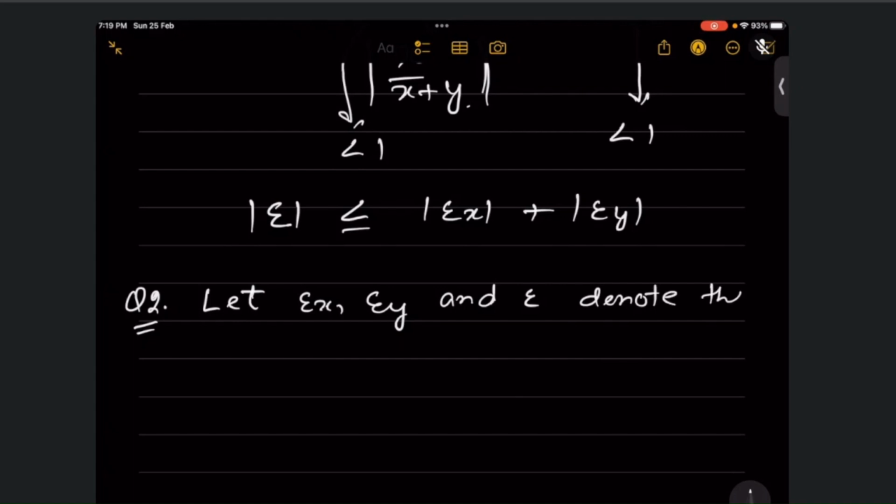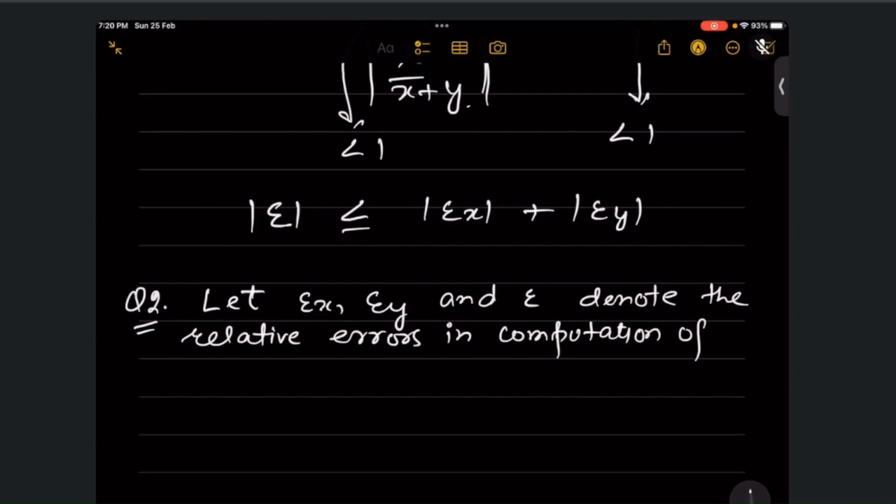Denote the relative errors in computation of x, y and x by y.